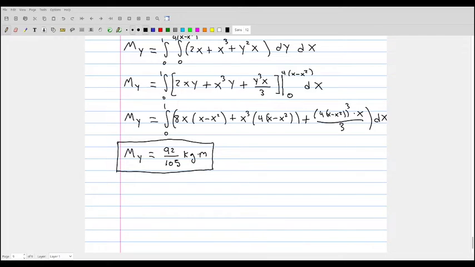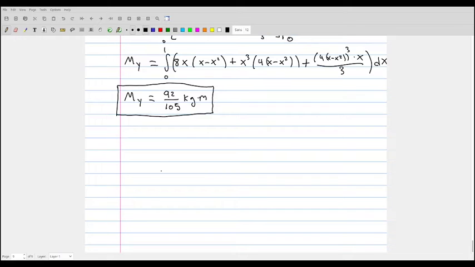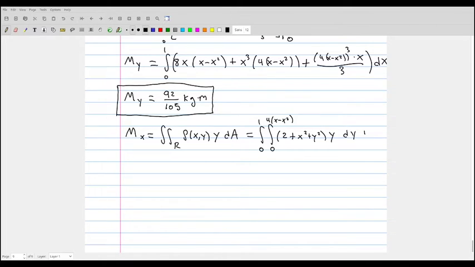I showed you how to get the y moment. The x moment is very similar, only you take the double integral over R of the mass density function times y, which will be the double integral from 0 to 1, from 0 to 4x minus x squared, of 2 plus x squared plus y squared times y dy dx.